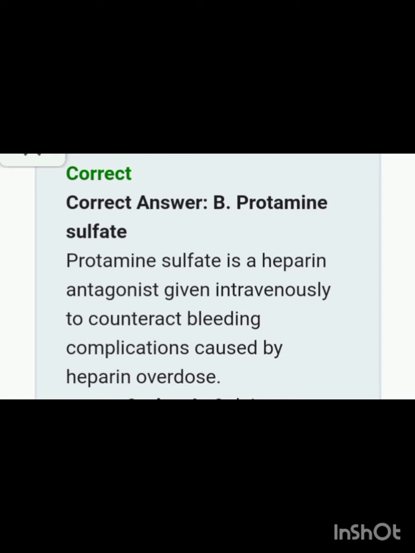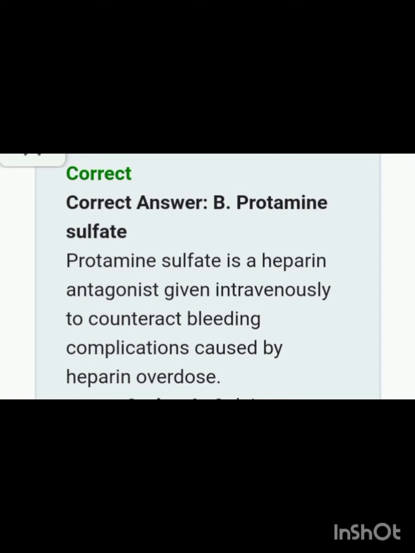Heparin is an anticoagulant that dissolves the coagulation form or clot form in the arteries or veins. But protamine sulfate is an antagonist. It acts against the heparin, and by that it can stop the heparin action in the veins and in the arteries.